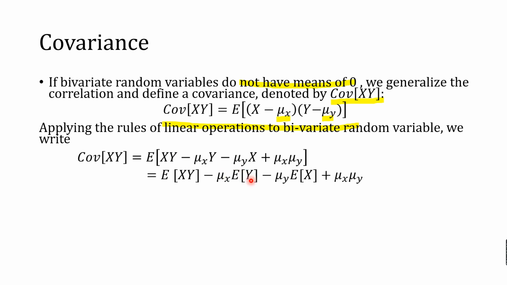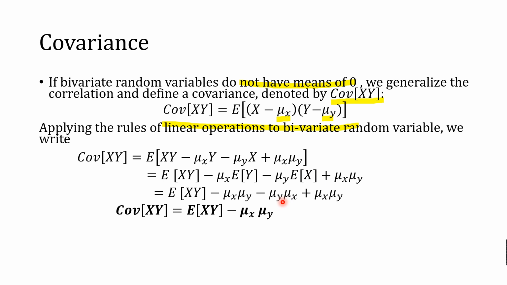Next, mu y is a constant here, take it outside. Expectation of a constant is the constant itself. So the expectation of y can also be denoted as mu of y, and the expectation of x can also be denoted as mu of x.